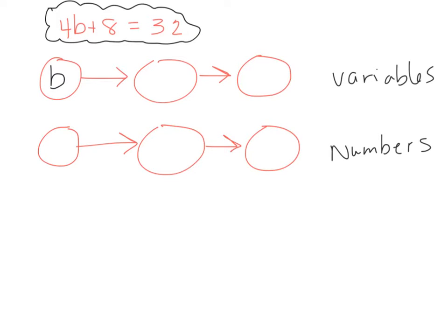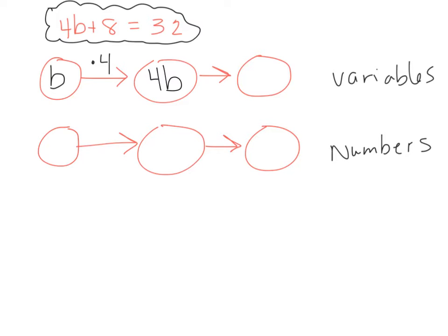So I'm going to take b and multiply by 4. In this math step, which is these arrows, my first math step is to multiply by 4. When you multiply b times 4, what do I get? In this circle here, I'm going to write the expressions, because this first flowchart I'm doing with variables. So I'm going to write 4b.